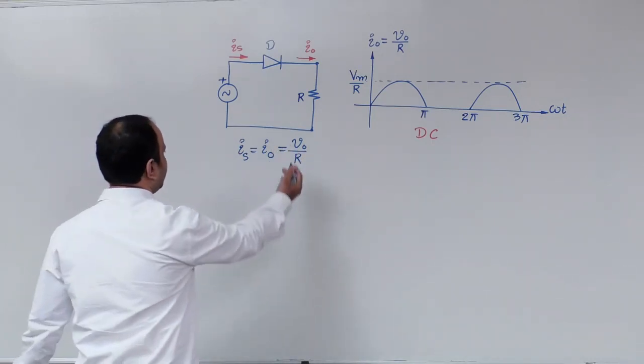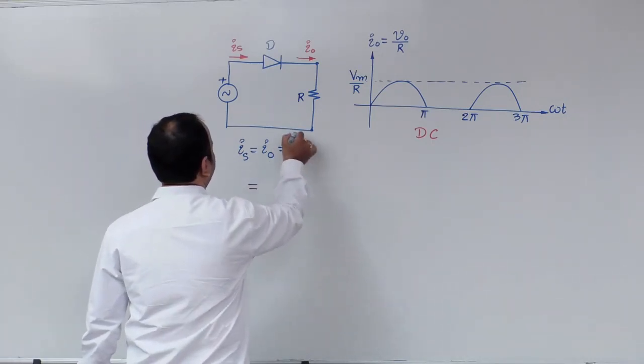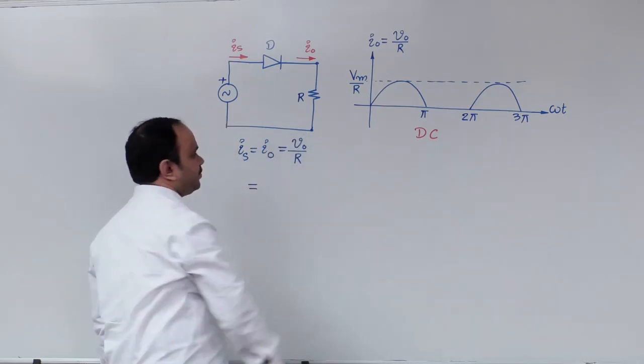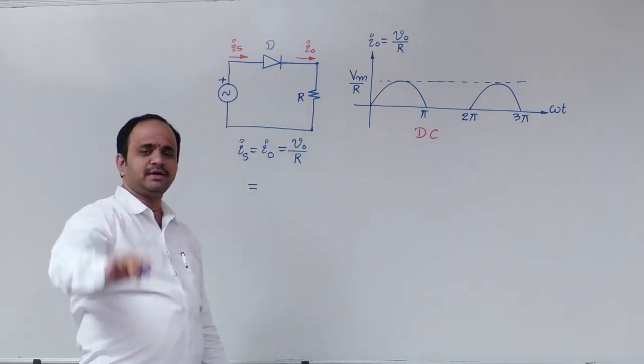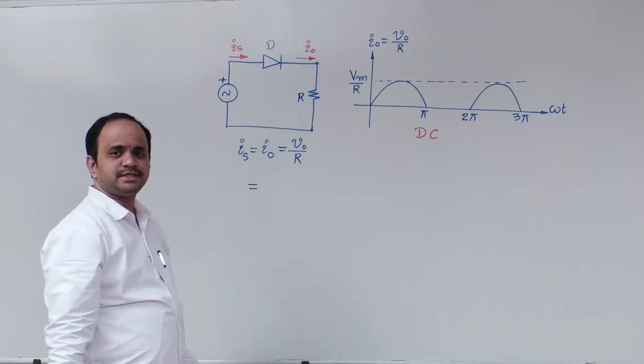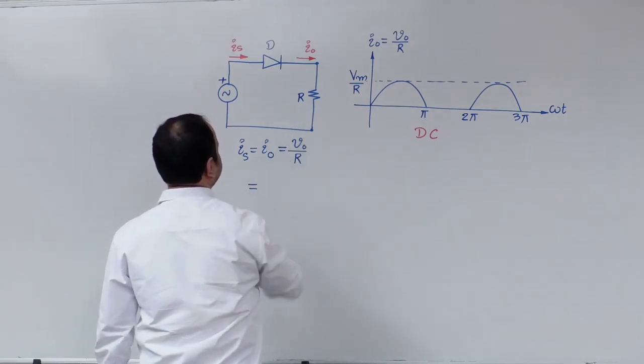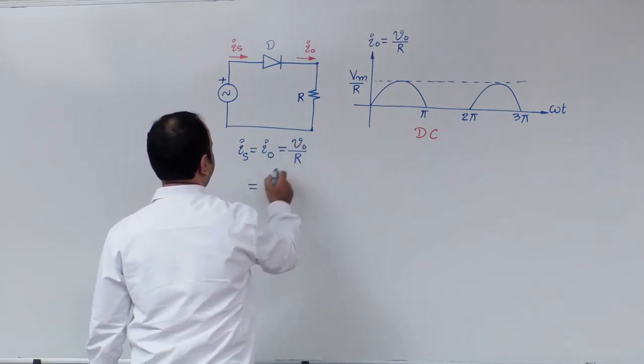Otherwise, I can write it down directly. We know the Fourier series expression for this V0 waveform. In the beginning, we calculated it in the Fourier series lecture. So what is the Fourier series analysis for the V0 waveform?